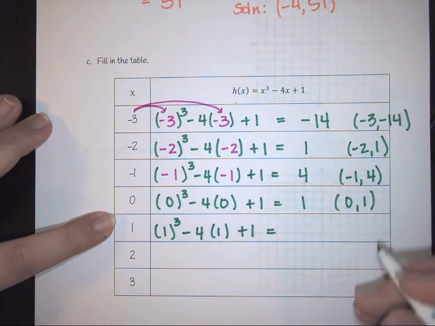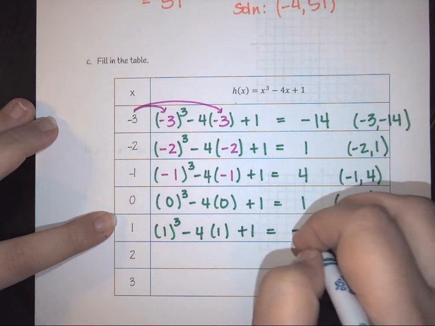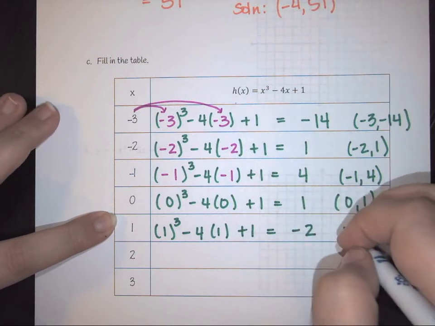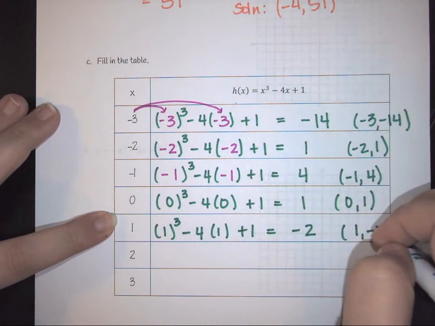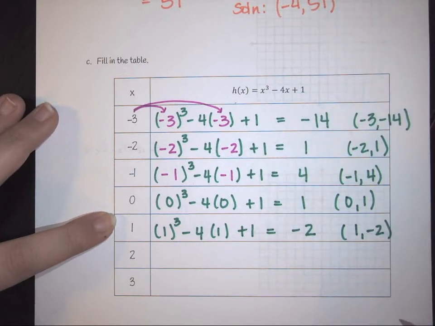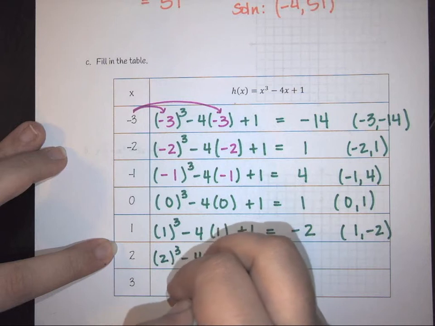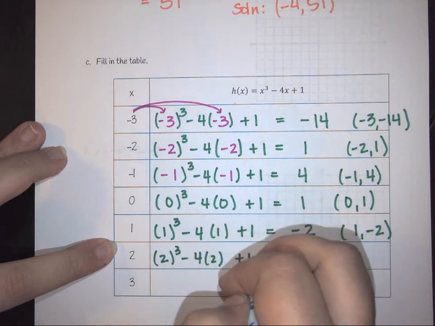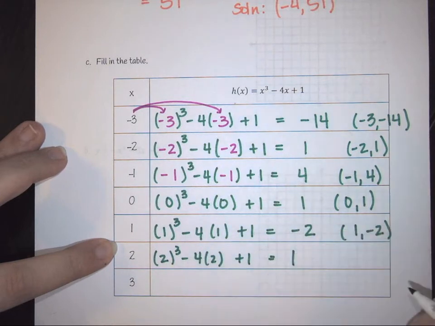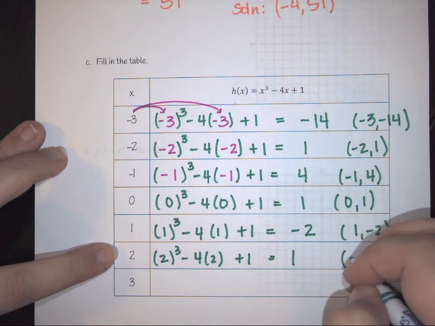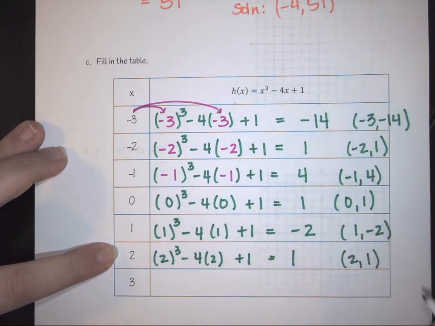When I do that out, you should get -2. Therefore, this would be the point 1, -2. I have 2 cubed minus 4 times 2 plus 1, again gives me 1. So here this would be the point 2, 1.